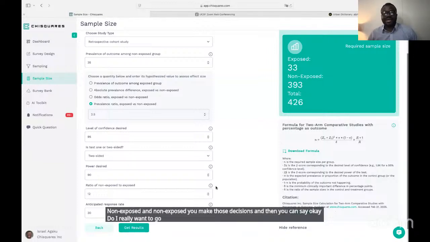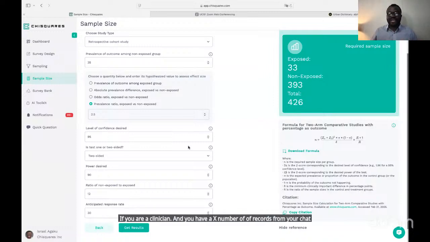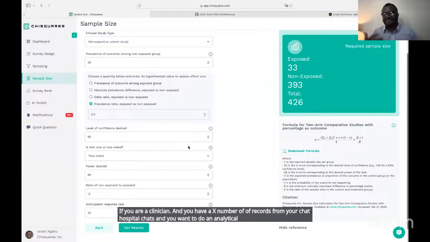In general, my recommendation is that when you are dealing with existing cases, if you are a clinician and you have a number of records from your hospital chart, and you want to do an analytical study, it's almost always just easier to do a case control study than a retrospective cohort study.